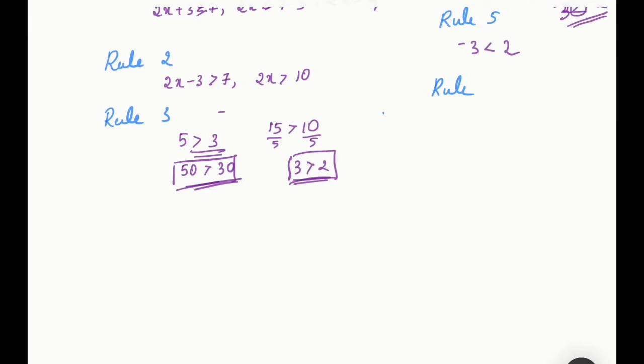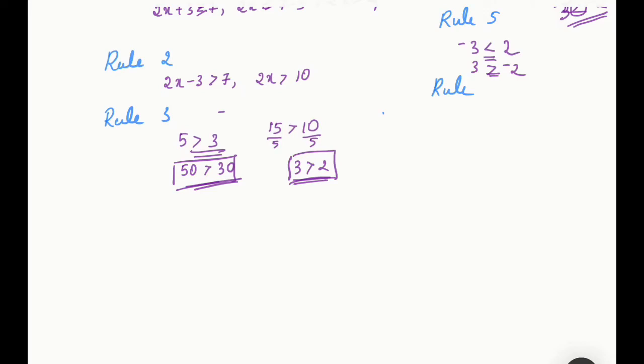So if sign of each term on both the sides changes, here if sign changes, what I get? Minus will become plus. So it will be 3. And here if sign changes, what will happen? 2 will become minus 2. So 3 and minus 2, how do we compare them? You get 3 greater than minus 2. So what happened to the inequality here? The inequality is reversed.